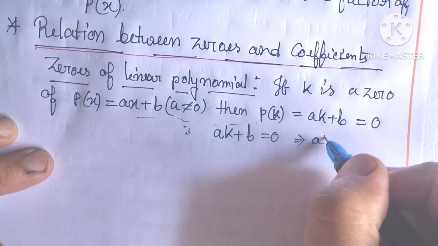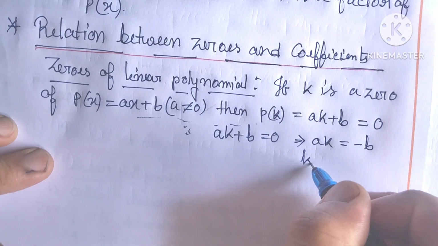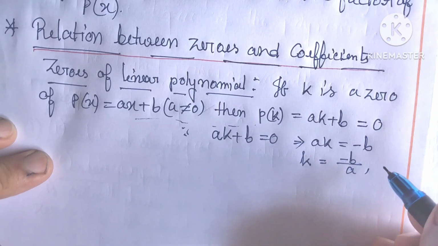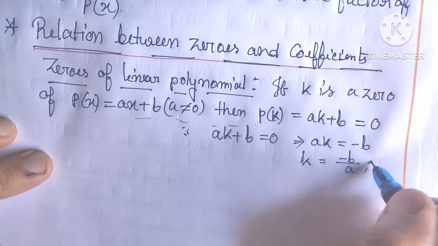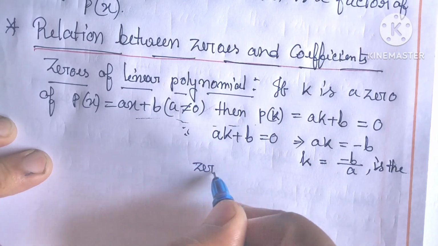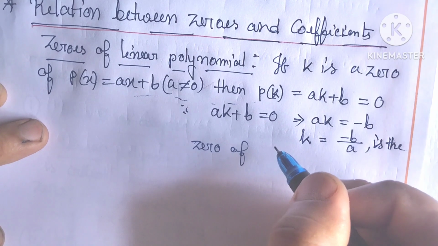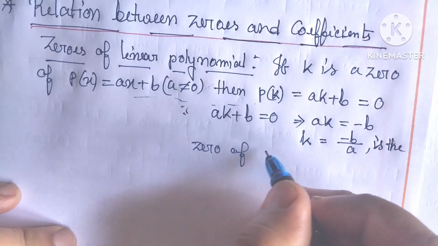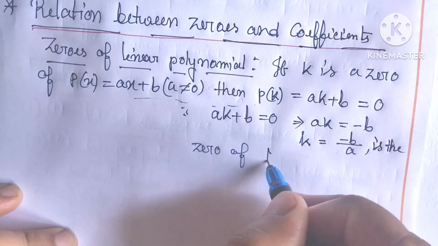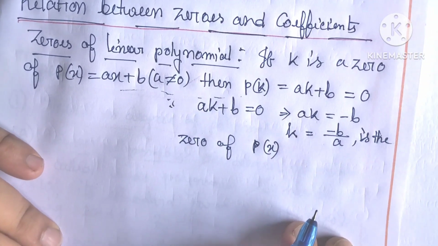So ak equals minus b, so k equals minus b by a is the zero of the linear polynomial P of x, that is ax plus b.